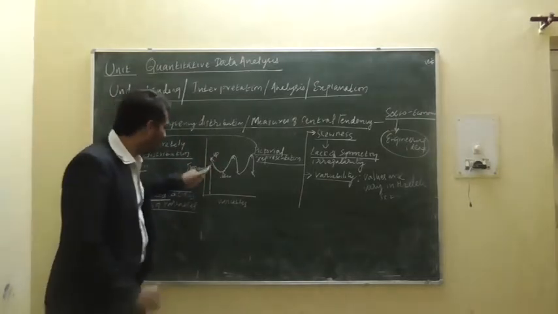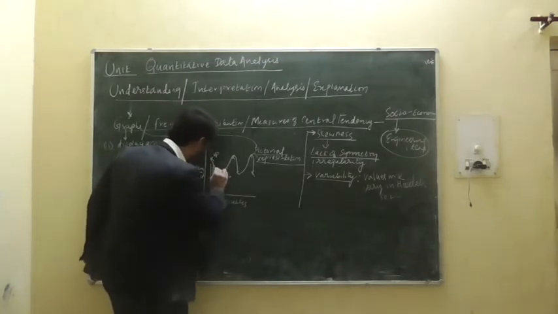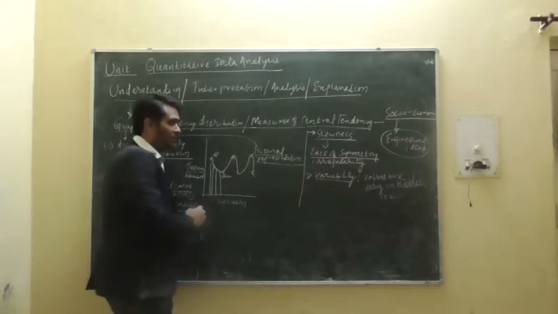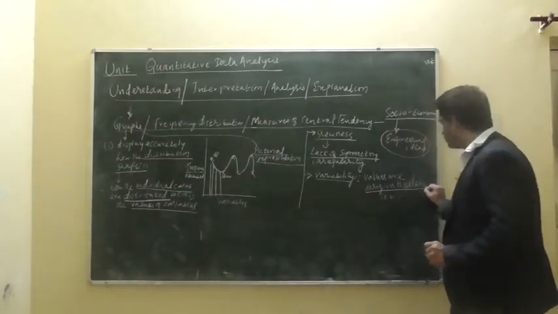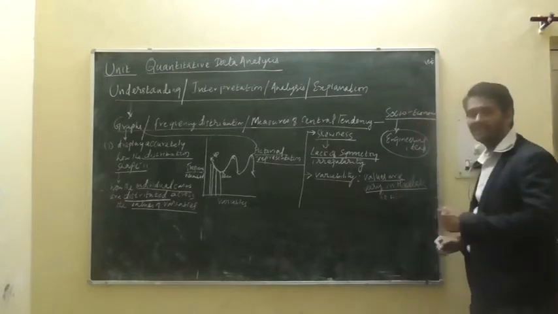One value is here, the other values are here, and the next values would be here, and the third and fourth values would be here. So you will be able to see how the values vary in a data set.